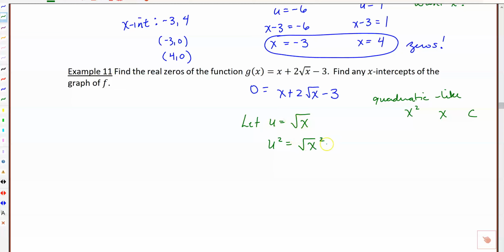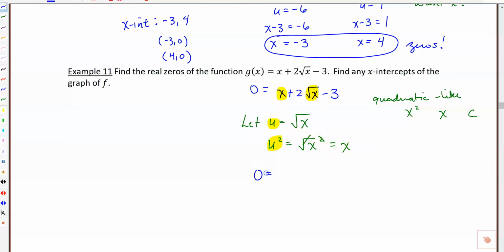I'll just square both sides, and on this side the square and the square root cancel, and I just get x out. So here's where I have my base variable. I'm going to substitute that in for x, and then this other piece right here is the square of that. Right? So u squared, it would then go in right here.